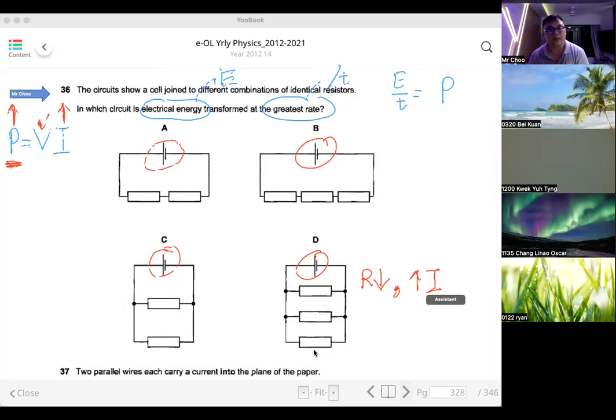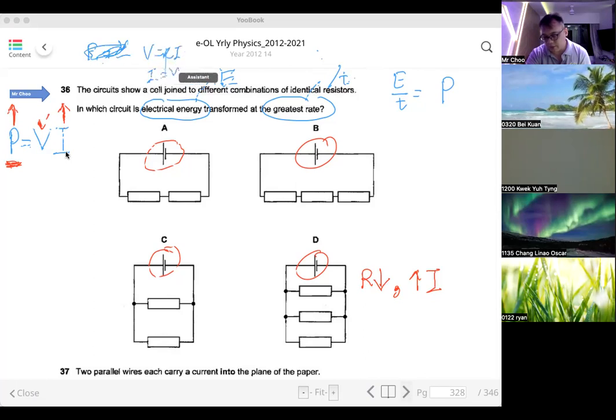Is that clear? Now, we use another method. We change the formula. Remember, we talked about the formula. In this question, there's only the battery voltage, as well as the resistance. So there's no current. Resistance is equal to V over I. V equal to IR, so I is equal to V over R. So I change this: P equals V squared over R. Clear so far?